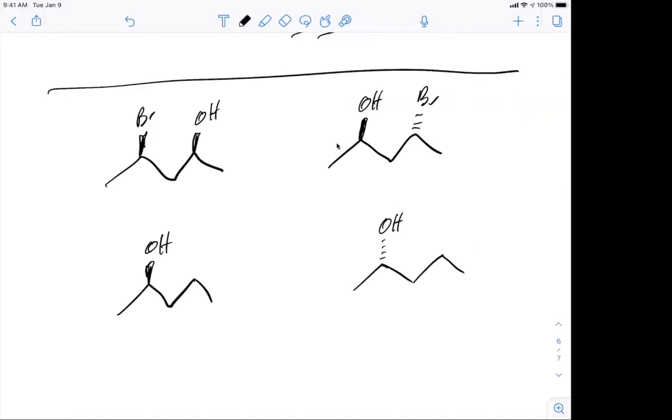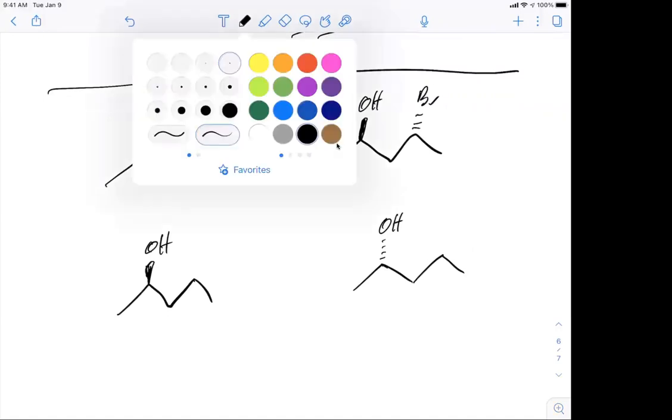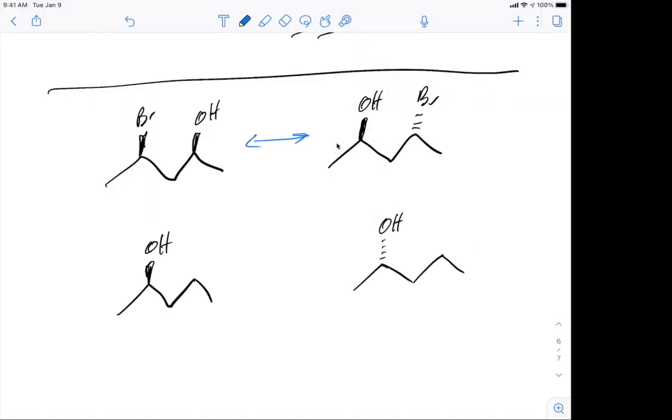Okay. In the first case, these are going to be diastereomers. They're non-superimposable, non-mirror images. They're not mirror images, so therefore these are going to be diastereomers.